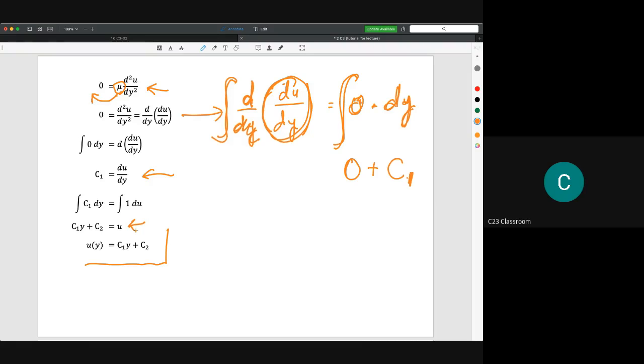In some textbooks they will write u(y) equal to C1 y plus C2, where u is a function of y. It is something like y equals mx plus c; in some textbooks they write y as a function of x, so mx plus c. This is actually the same thing.